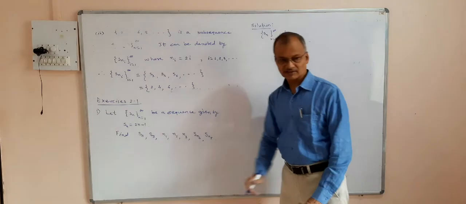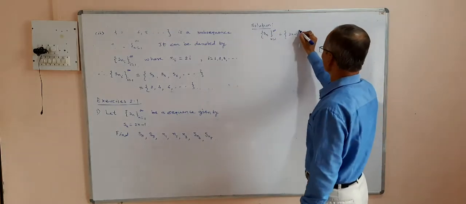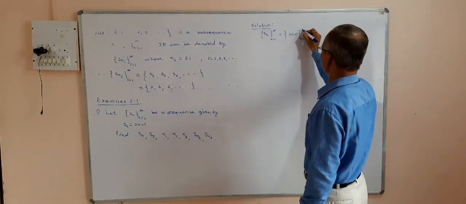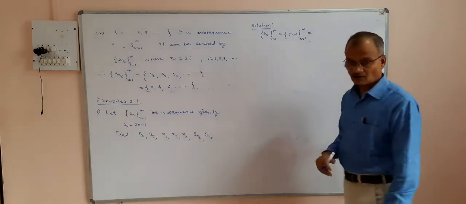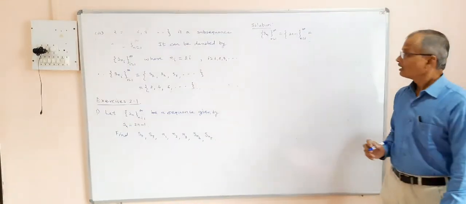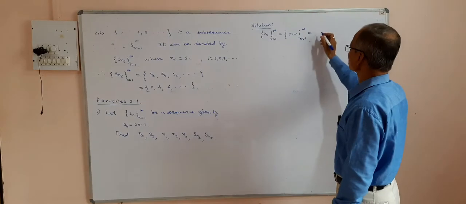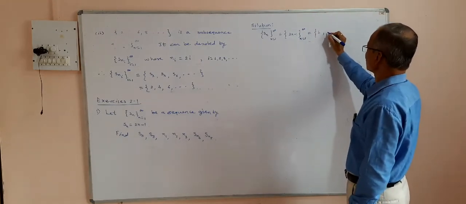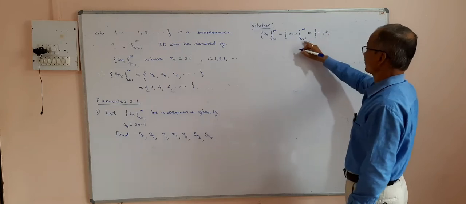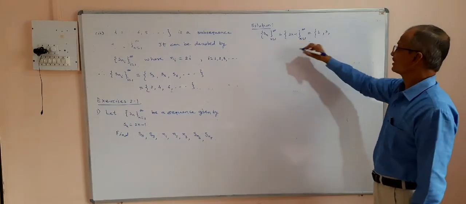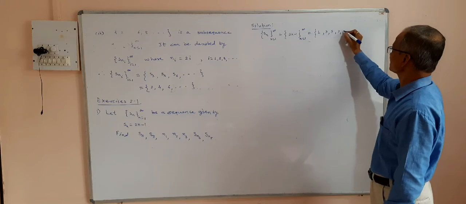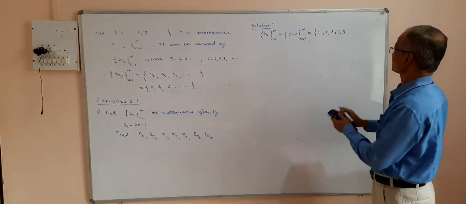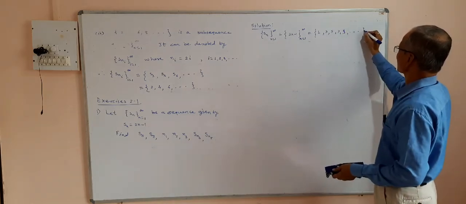This will generate all the terms of the sequence. For the first term, put n equal to 1, so it is 1. For n equal to 2, it is 3. Further, for 3, it will be 5. That means it will be a sequence of odd integers: 1, 3, 5, 7, 9, etc.